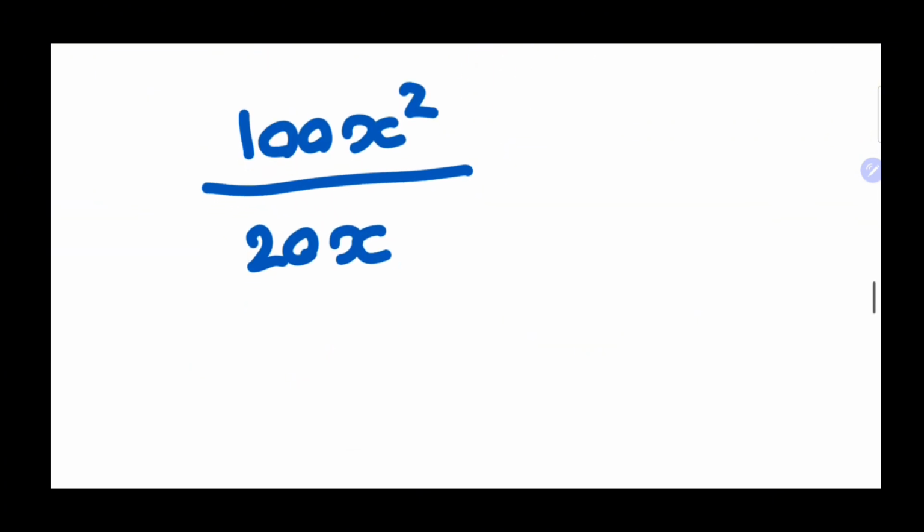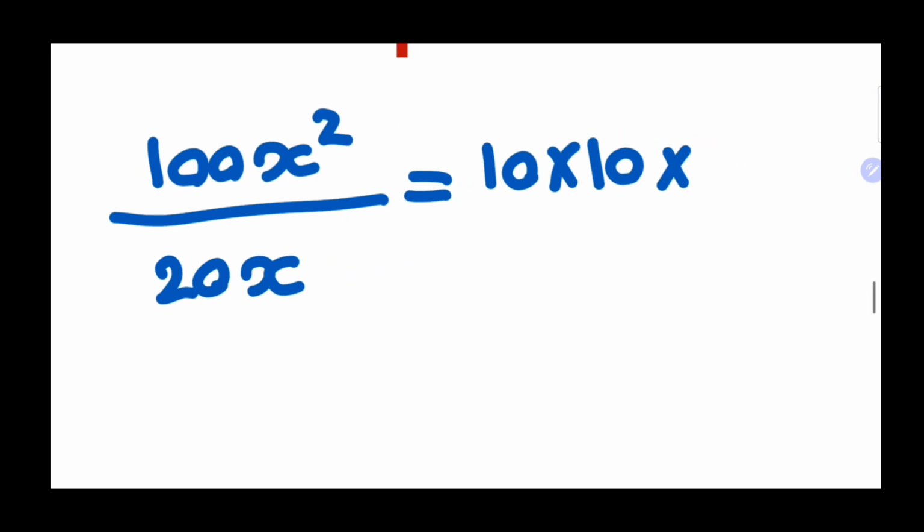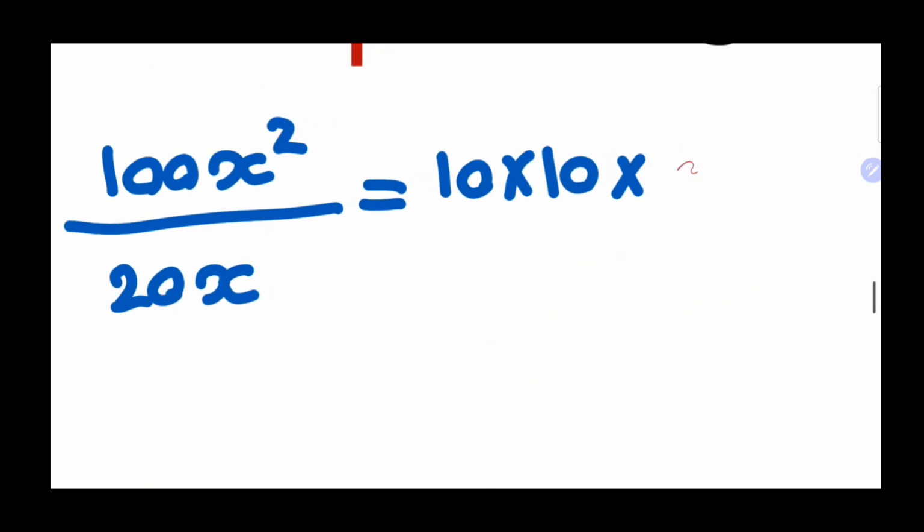So attempt this one. 100x squared over 20x. Pause the video and solve it. So 10 squared would be 100, right? So that is 10 multiplied by 10, multiplied, for the x squared now, it's going to be x multiplied by another x.